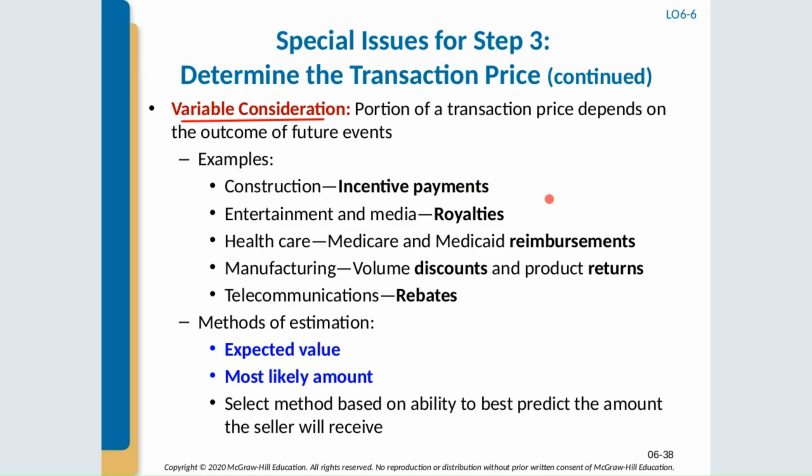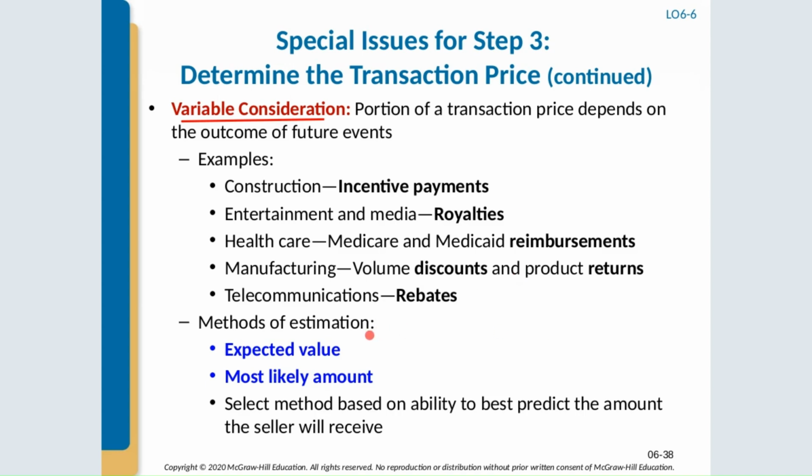It could be in healthcare, you have Medicare, Medicaid reimbursements. You may have rebates. So all that is very common practice. And so how are we going to estimate whether someone is going to finish within that time that we said they were going to finish, or the rebates that we're going to get and all that?